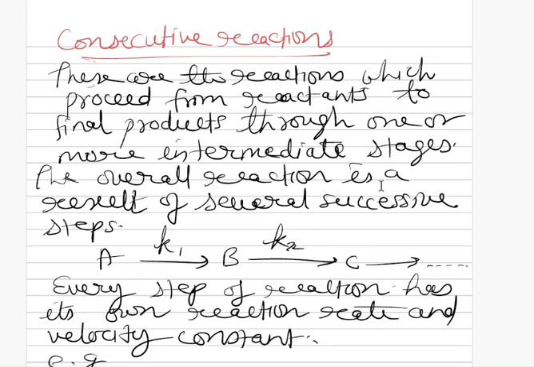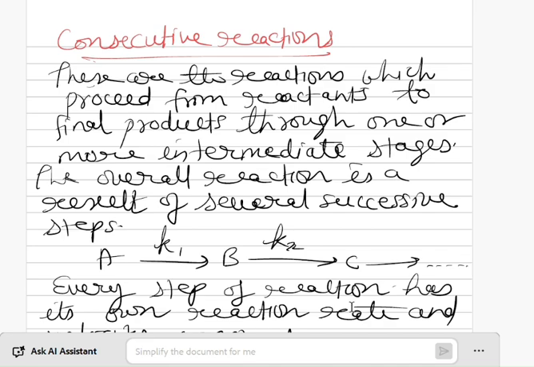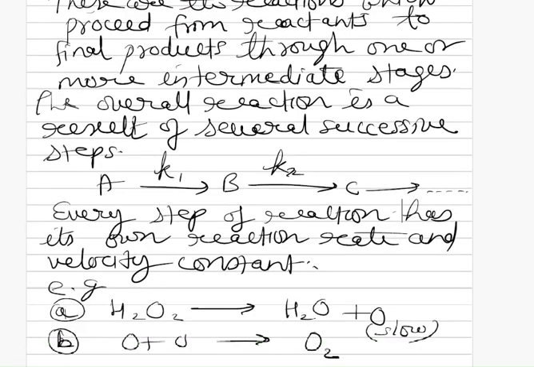The overall reaction is a result of several successive steps, one after the other. These steps are taking place, and we are getting B from A and then C from B, having rate constants k1, k2, and so on. So every step of the reaction has its own reaction rate and velocity constant.